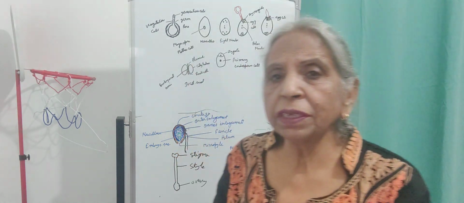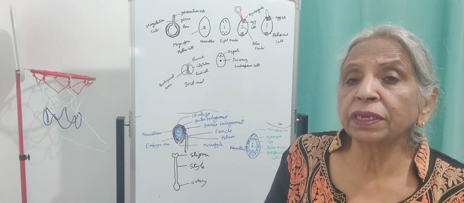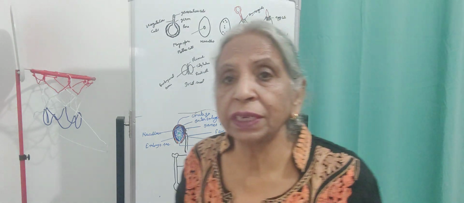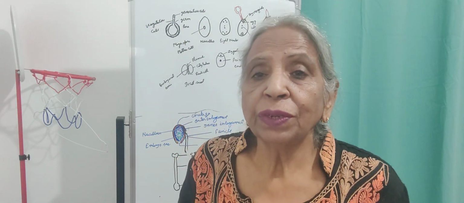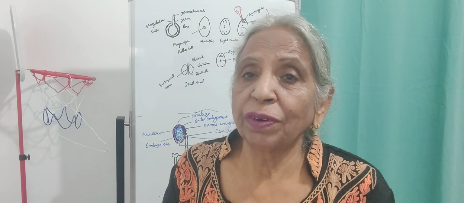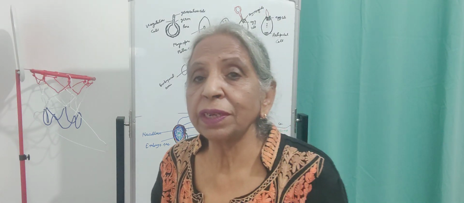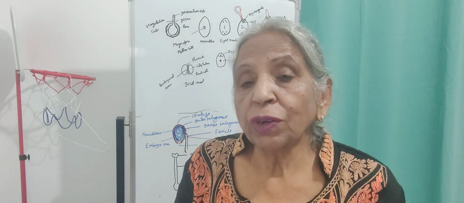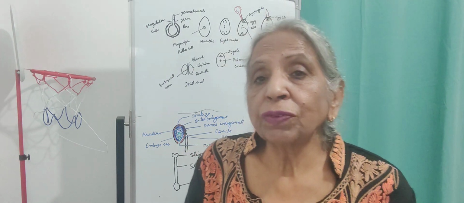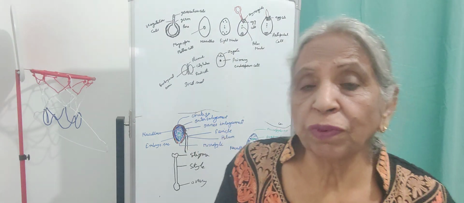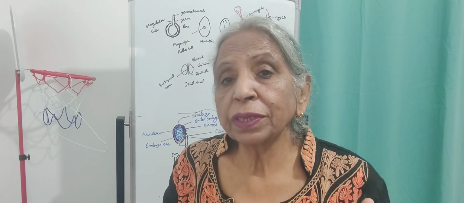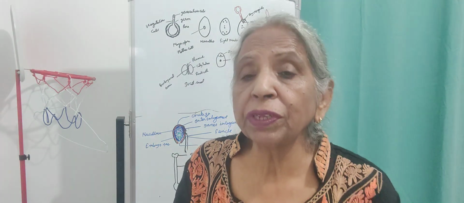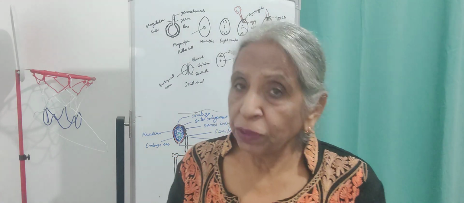Then there is pollen-pistil interaction. What is pollen-pistil interaction? Pollen grain of one flower is transferred to the stigma of another flower of another plant. It may be transferred to the same flower. There should be compatibility between the pollen grain and the pistil.